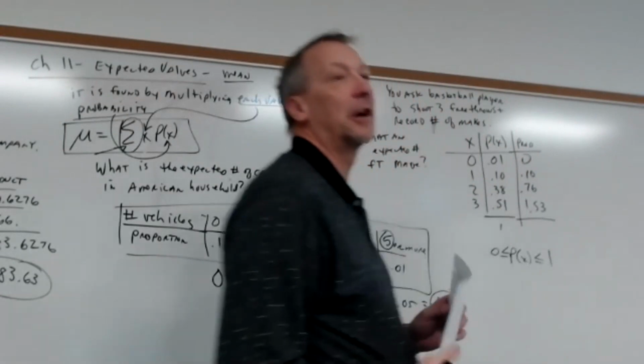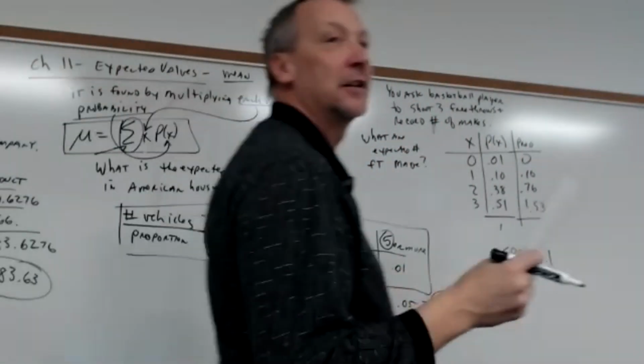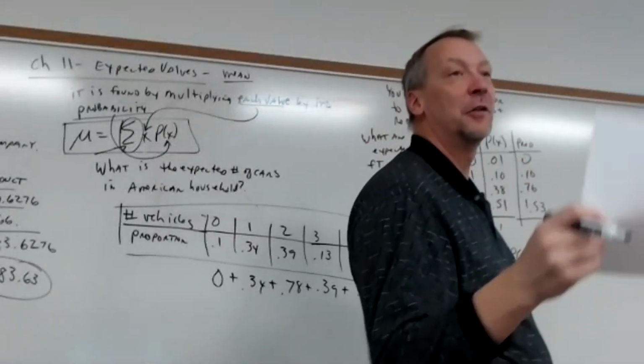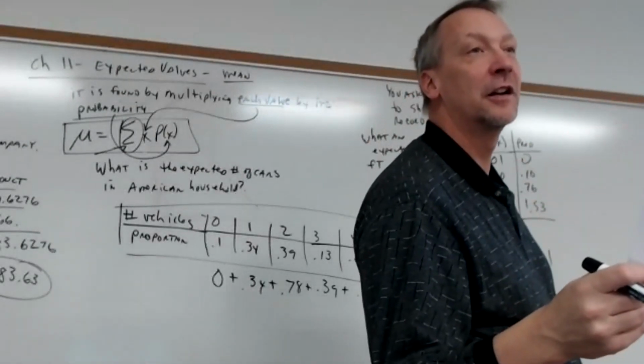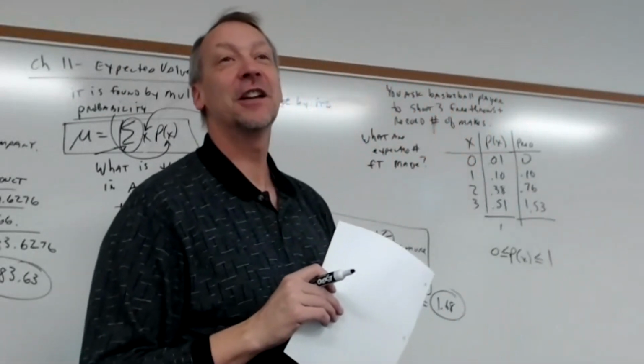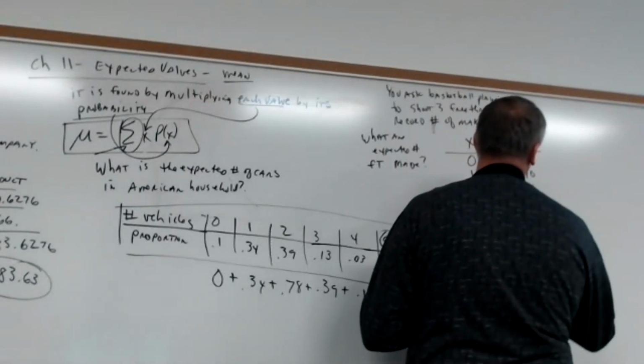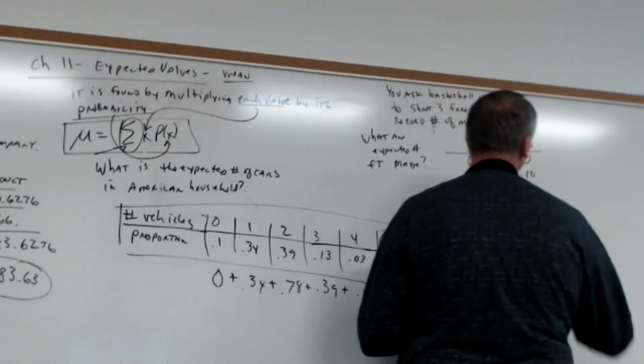Now what do we do? Add them up and we get, somebody's got a computer there. What's your name again? Ashley. What is it? 2.39.